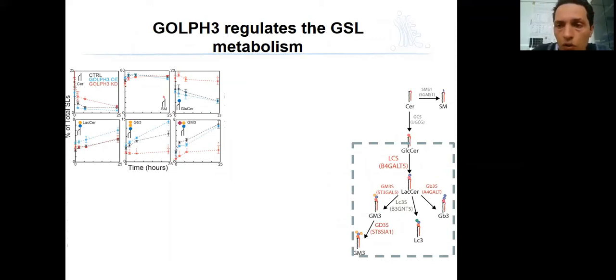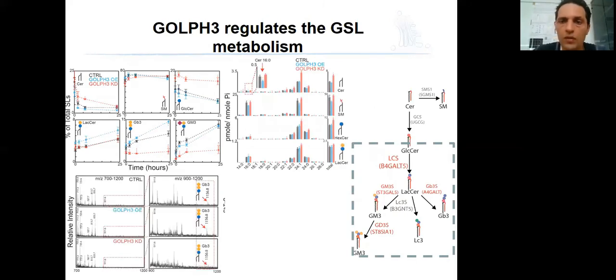So in order to check the metabolism, we used several approaches. We used sphingosine pulse-chase experiments followed by lipid extraction and chromatography. Then we did mass spec of the lipids, following mainly ceramide, sphingomyelin, glucosylceramide, lactosylceramide, and also GB3.